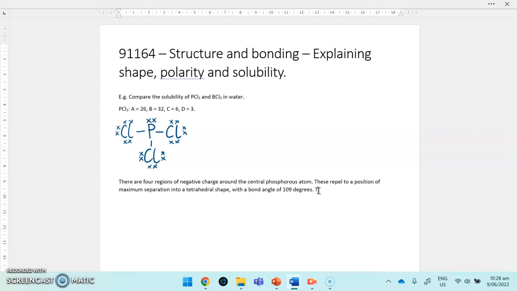Then we say that there are 3 bonding regions and 1 non-bonding region, which means the final shape of PCl3 is trigonal pyramidal.